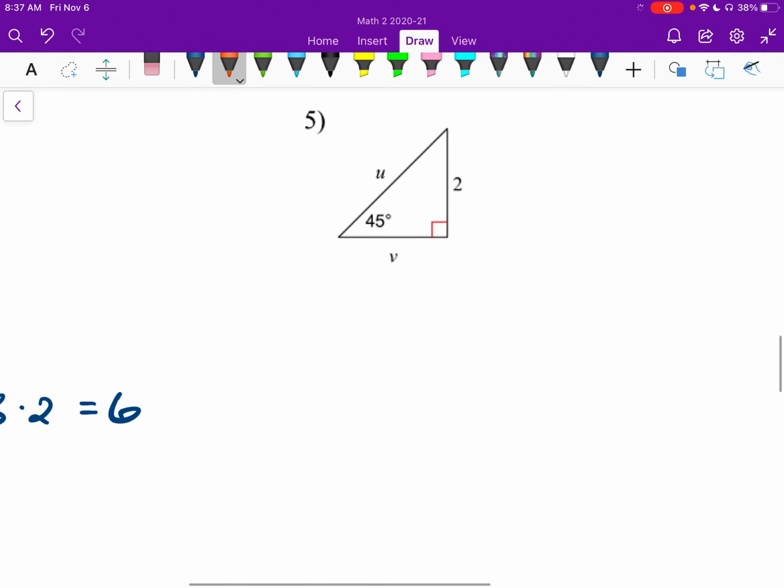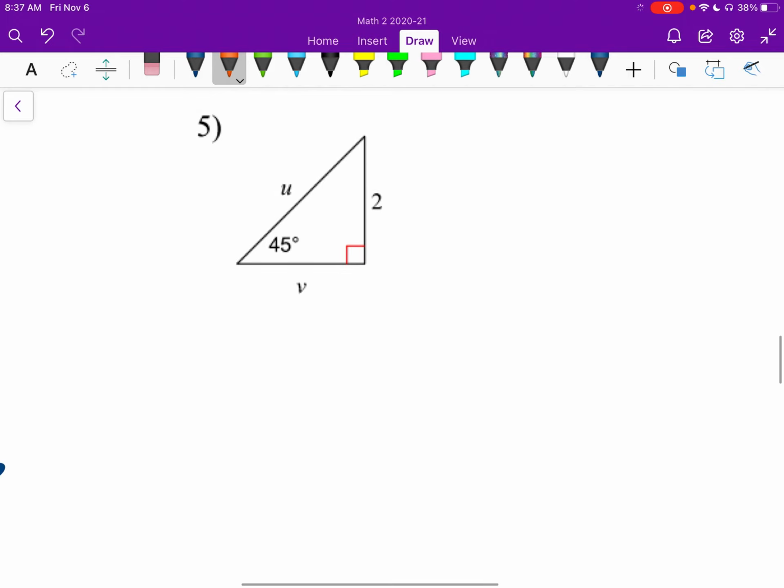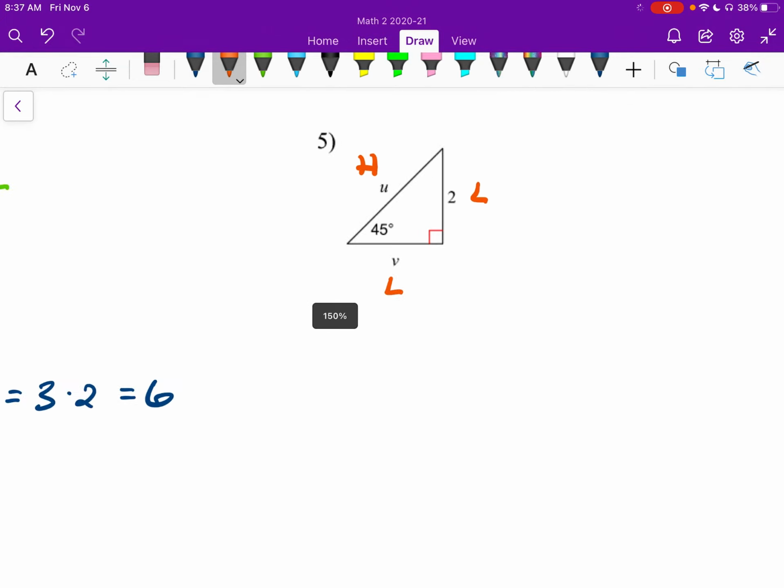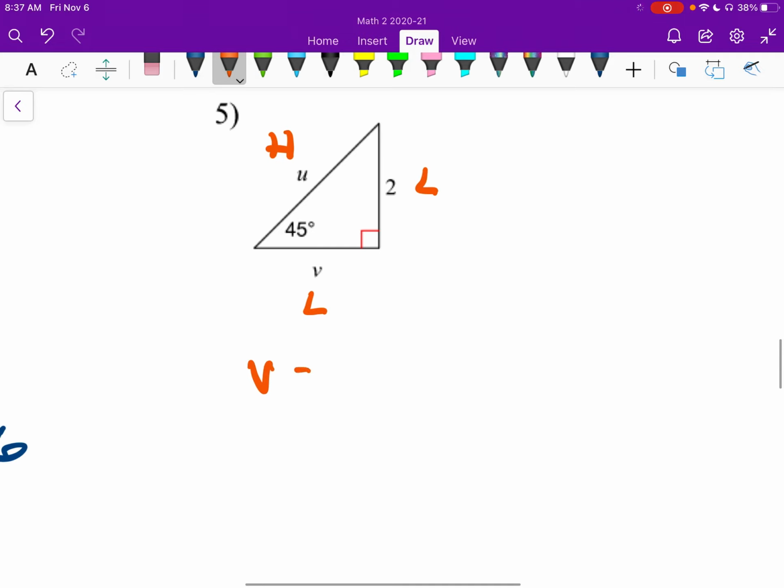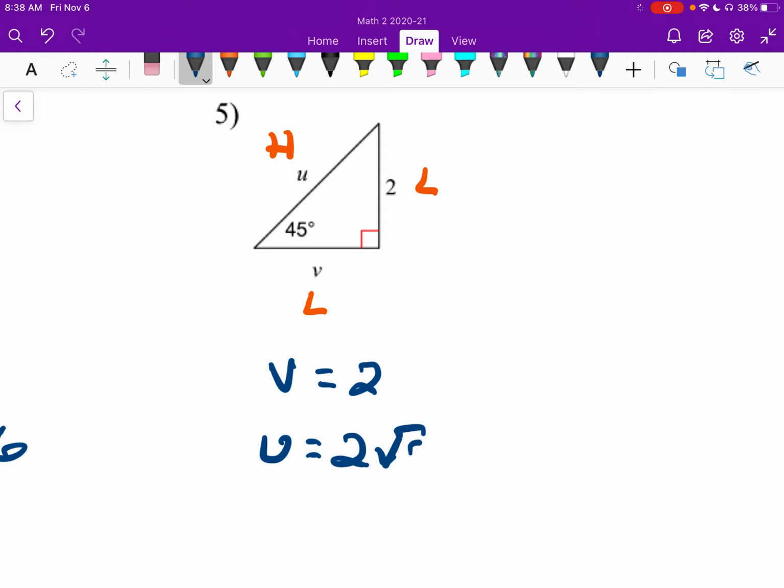All right. Number 5. This should be pretty quick by now. The leg, hypotenuse. So V, is this the same problem? No, it's just a little bit different. V, I'll change my colors here. V is equal to 2, because our two legs are equal. U is going to be 2 root 2, right?